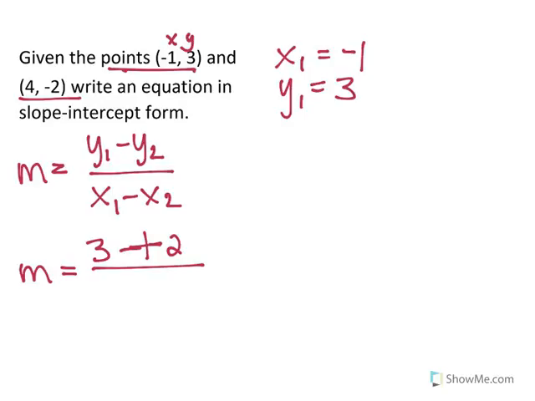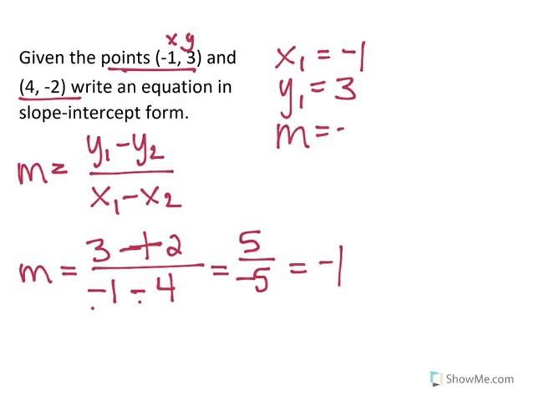And then we've got -1 minus 4. So when we solve this, we have 3 plus 2 equals 5, and -1 plus -4, which equals -5. This can simplify to -1. So now we have our m value, and we can write an equation.